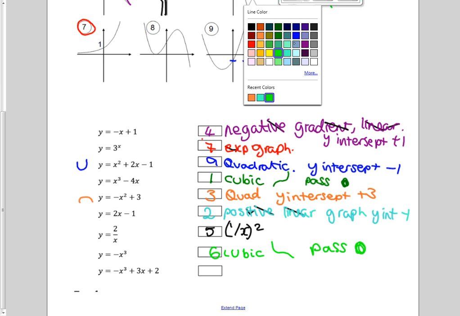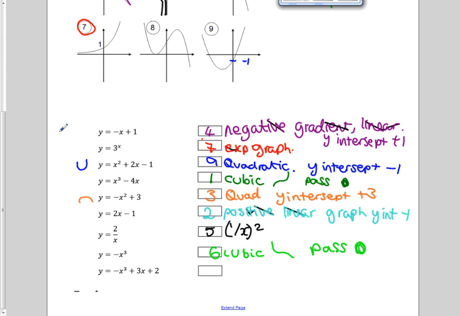And the last one, here we have another cubic which has a negative gradient again, so it's going to have this shape because of the minus sign in front of the x cubed, and we know that it's going to have a y-intercept at +2.